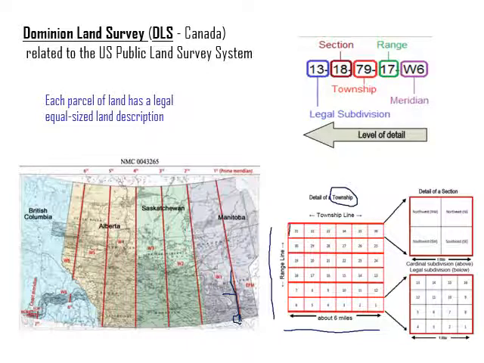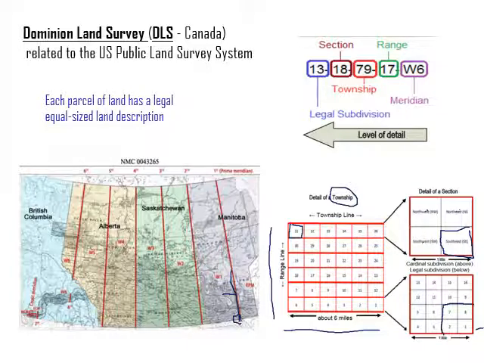Each of these sections can be subdivided into quarter sections, and quarter sections are subdivided according to the cardinal directions: northeast, northwest, southeast, southwest part of the section. So these are also called the cardinal subdivision, but ultimately the finest subdivision is the legal subdivision, where each of the quarter sections can be subdivided into subquarters.